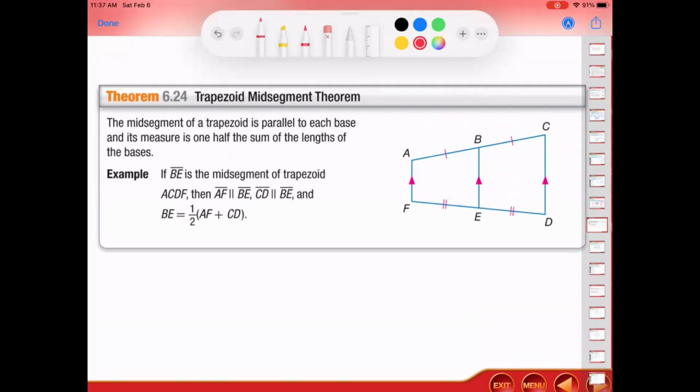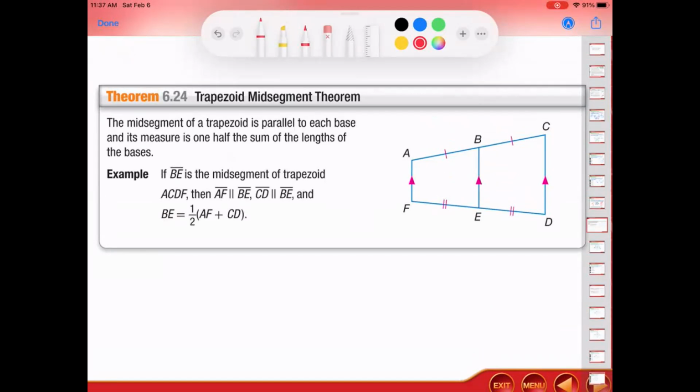All right. Now, trapezoid mid-segment theorem. So we have some really cool things we can do with trapezoid mid-segments. And the main thing that I think is really cool is, well, let's cover the less cool part first.